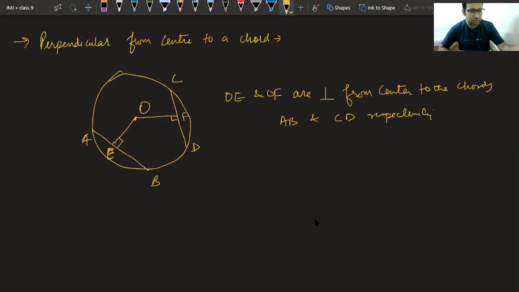Yes class, is it clear to you what is perpendicular from center to a chord? All of you please type P or Q. Whole class please type P or Q. Good. Others please try to type. Ananya now coming. Beta Ananya, what happened? You were not answering earlier. Aaron, Ansh, Swar. Beta, what happened to all of you?